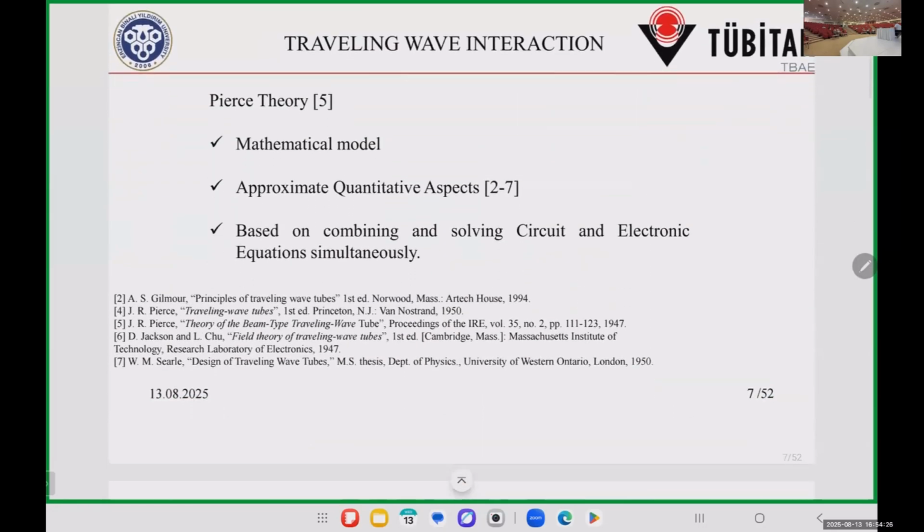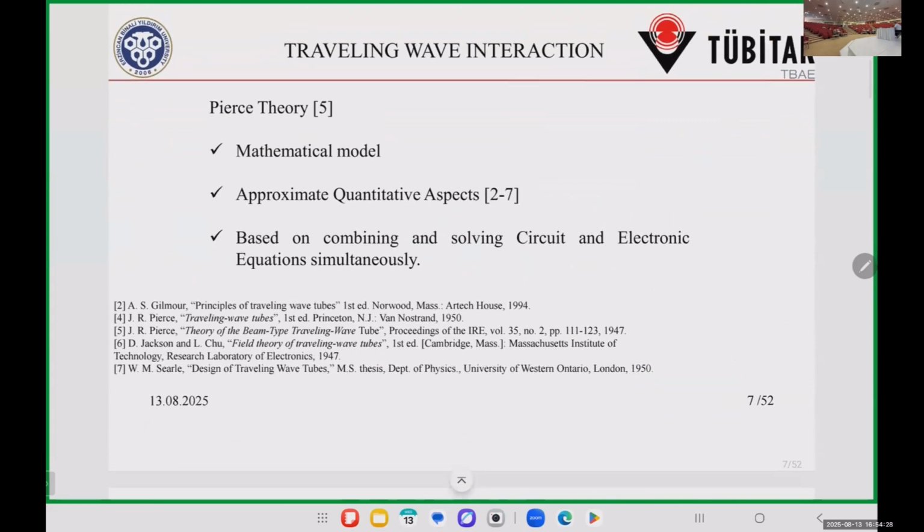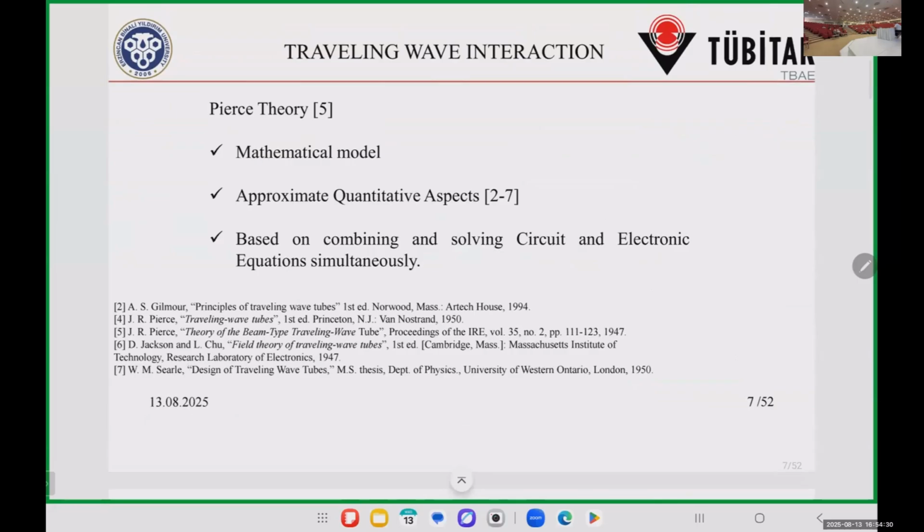So Pierce gives a mathematical model and approximate quantitative aspects. And Pierce uses incremental propagation constants to understand the propagation constants of the traveling wave tube. It's based on combining and solving circuit and electronic equations simultaneously.